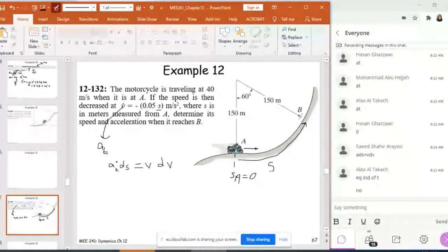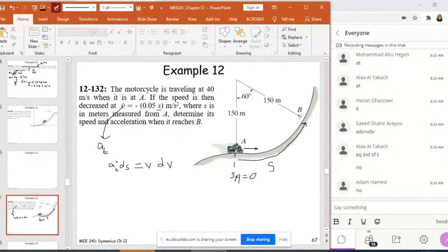No, perfect. Because you should keep in mind that any equation used in rectilinear motion could be used in curvilinear motion, but you have to replace A by AT. Because AT here stands for the change in velocity.